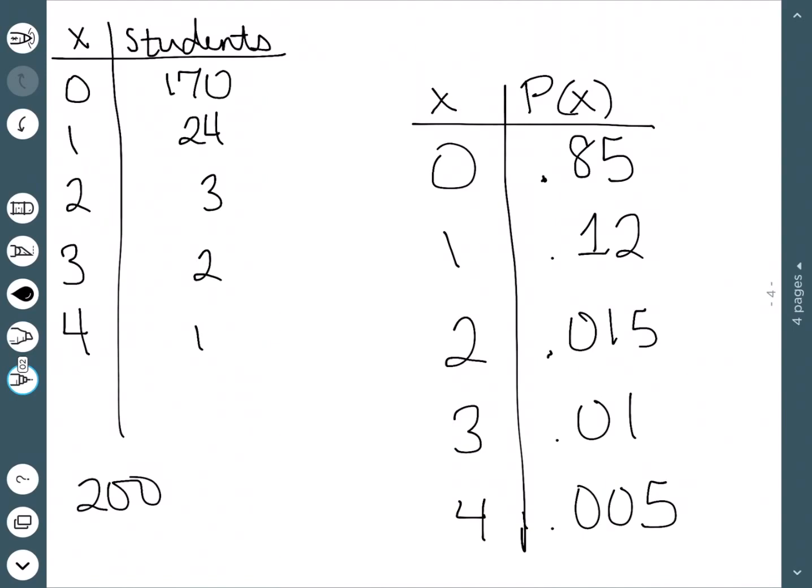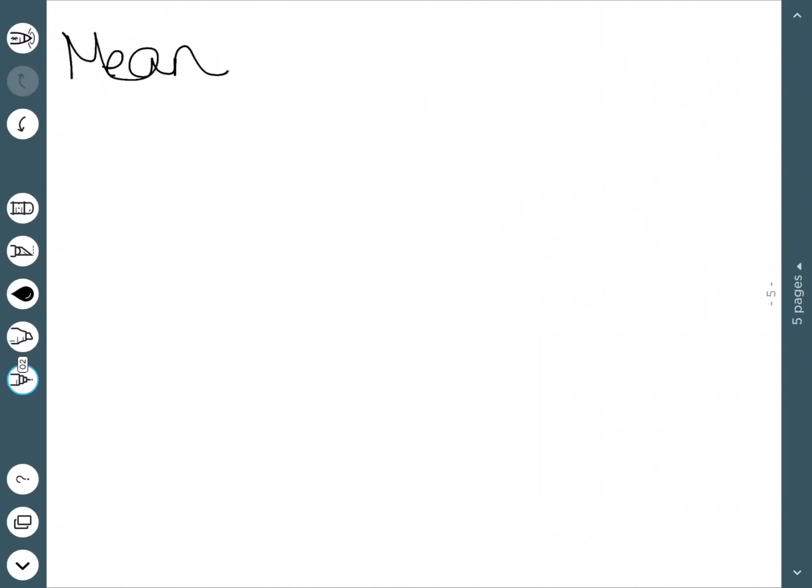So now that we've done that, let's talk about a couple of other things that we can find from these tables. The first thing I'm going to look at is trying to find the mean. And I find this by taking the summation of X times P of X. What this means is I'm going to multiply my discrete variable X times its probability, and then I'm going to add all of them up.